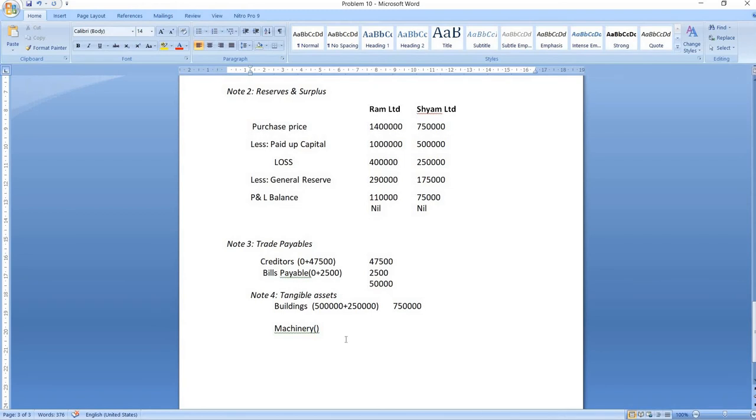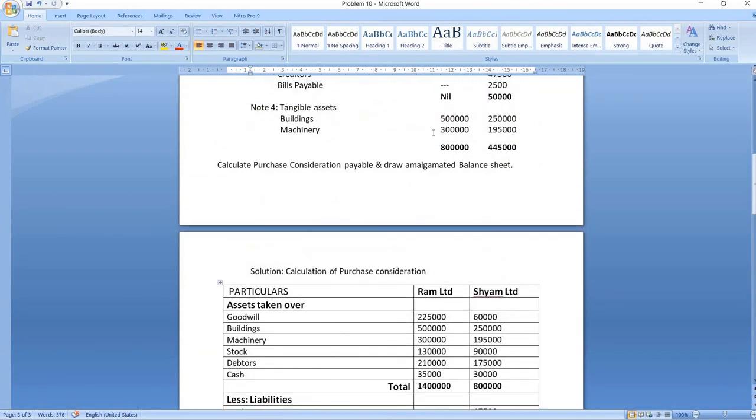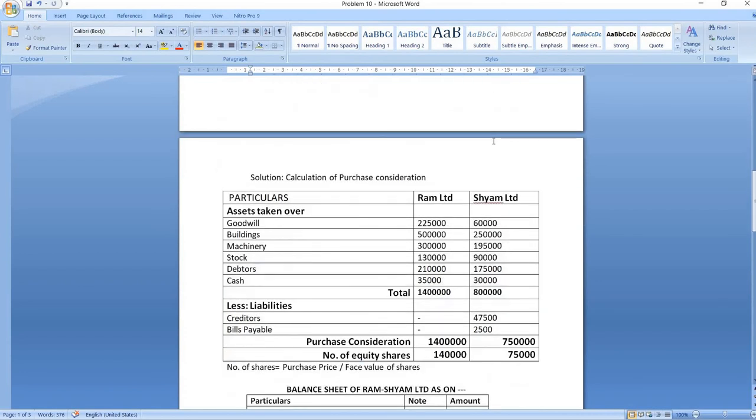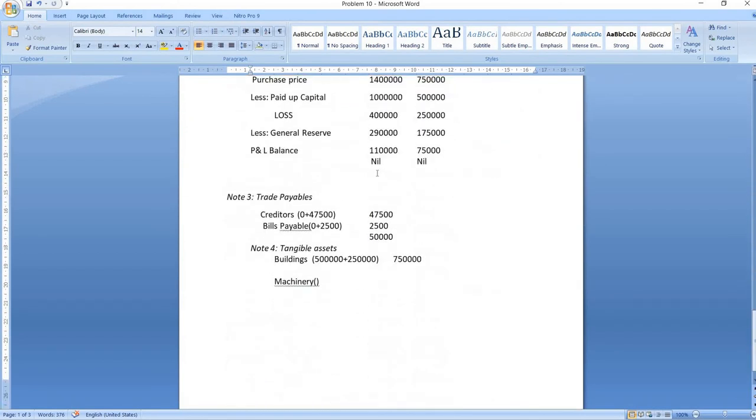Okay. Next is machinery. So machinery is 3 lakhs and 1,95,000. So let us take it here. Total 4,95,000.